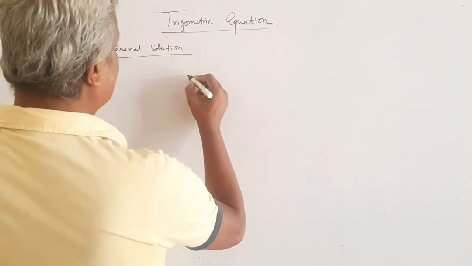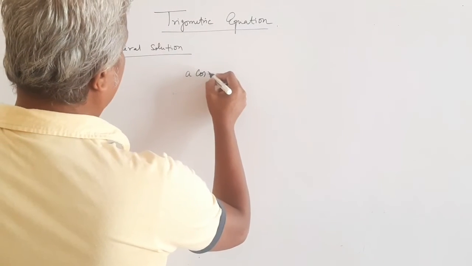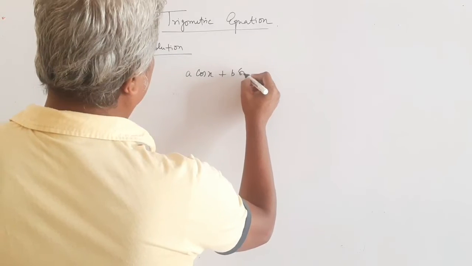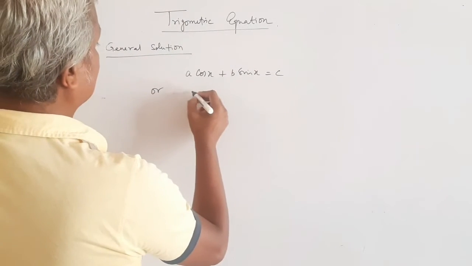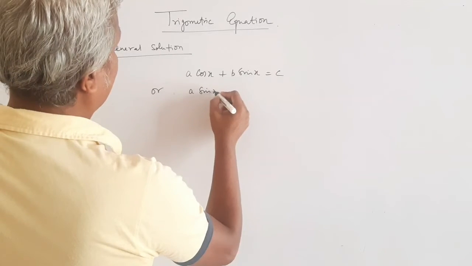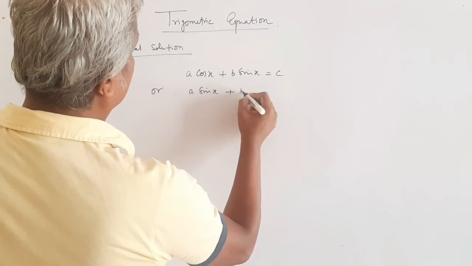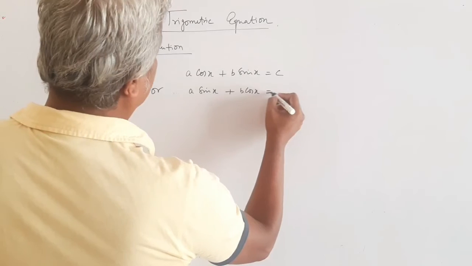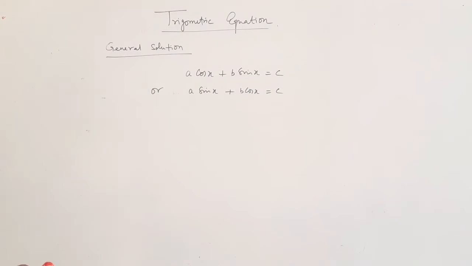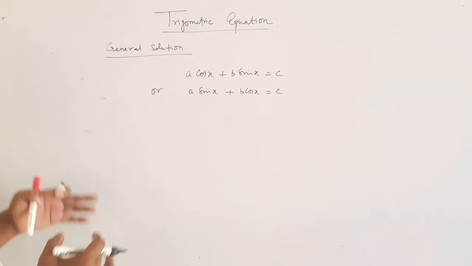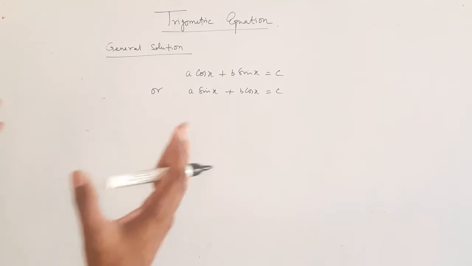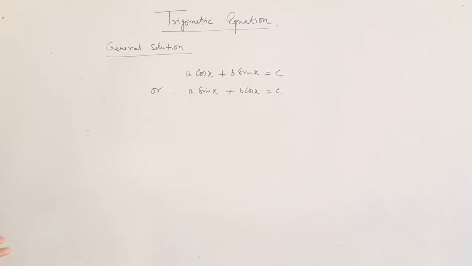Now we have another form that is called a cos x plus b sin x is c, or otherwise it can also be called a sin x plus b cos x is c. Now the theme of these two is just to convert this into the condensed form of double angle or the summation of angle form.